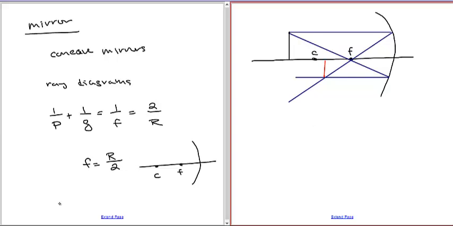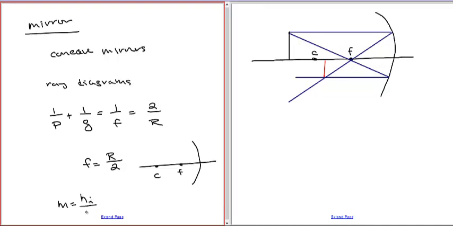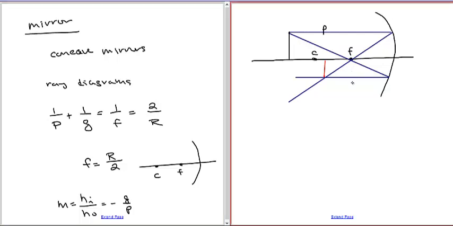Also, the magnification, which is the ratio of the height of the image to the height of the object, is equal to negative q over p. So remember, this distance is p, this is q, this is f. These are all relative to the center of the mirror.